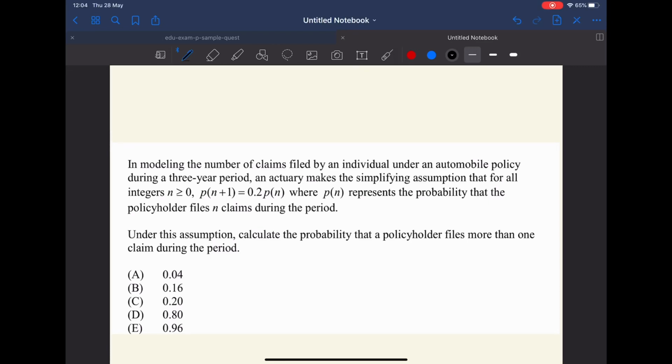Under this assumption, we are told to calculate the probability that the policyholder files more than one claim during the period. So our model says that for any n greater than or equal to 0, p of n plus 1 equals 0.2 p of n.